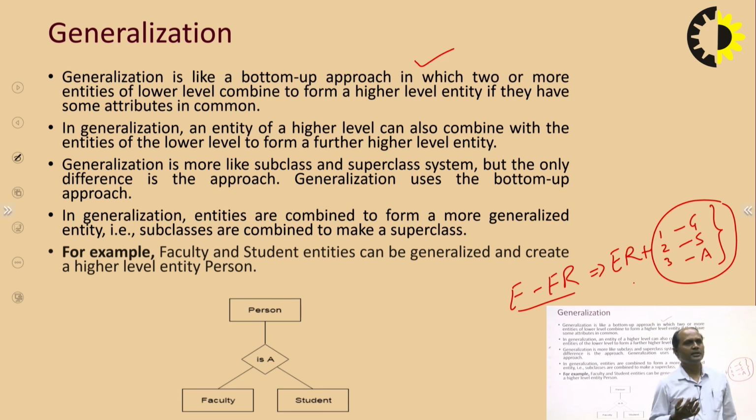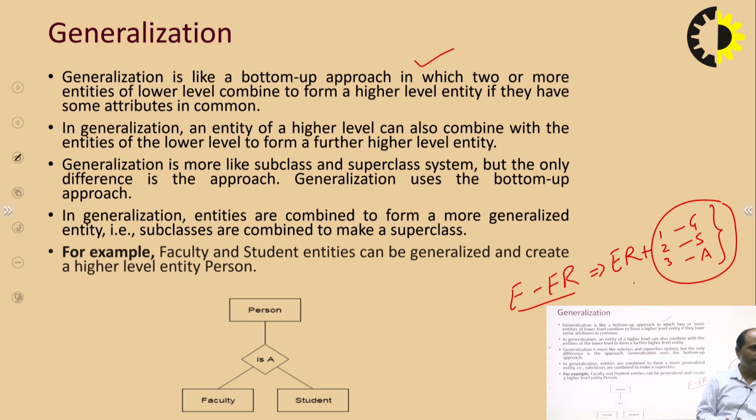Generalization is a bottom-up approach in which 2 or more lower-level entities combine to form a higher-level entity if they have some attributes in common. In generalization, higher-level entities can also combine with lower-level entities to form further higher-level entities, like the subclass and superclass concept.